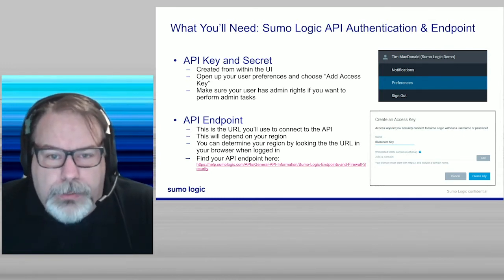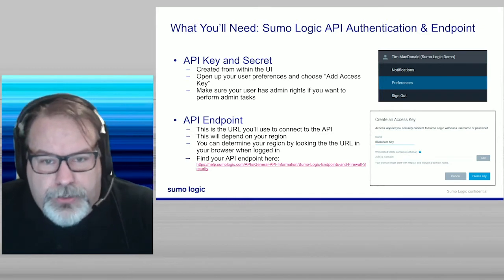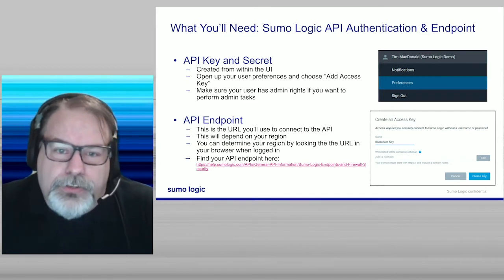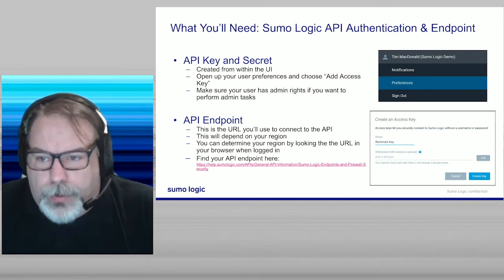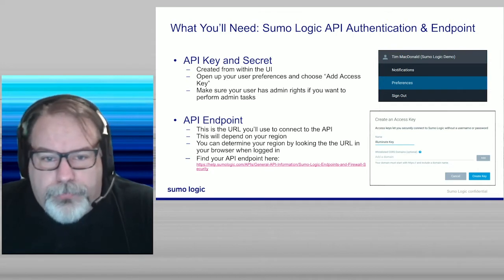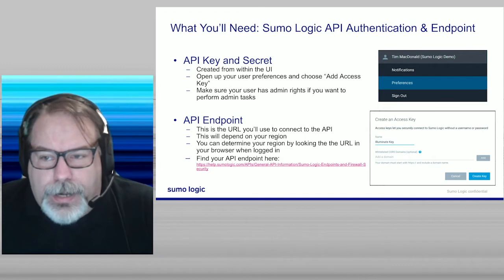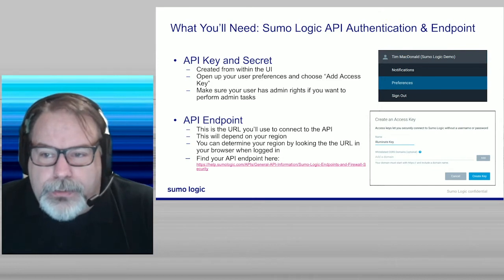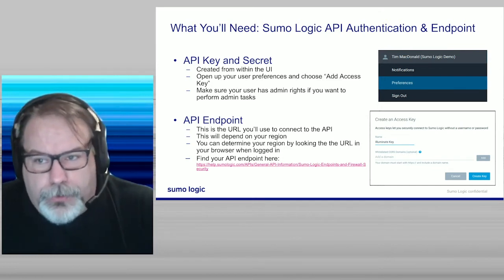You give the key set a name, and they're presented to you once in the UI. The way that you do that is you go to your username on the bottom left-hand corner of the screen and select preferences. On the preferences page, you can choose to add an access key, at which point it'll ask you to name the key, and then it'll give you a copy of that access key in the UI for you to copy into your clipboard.